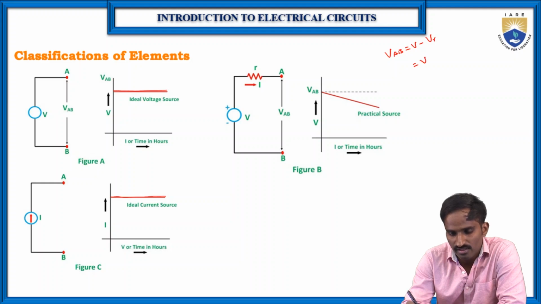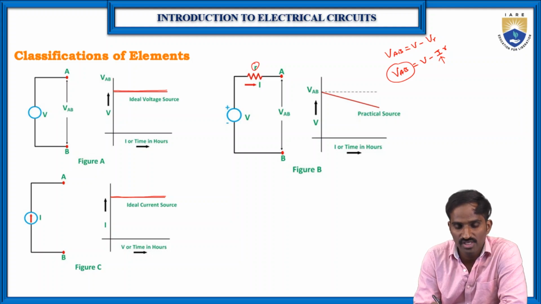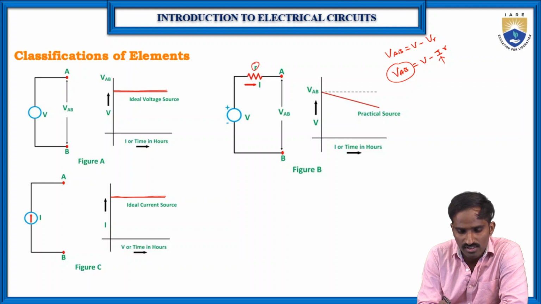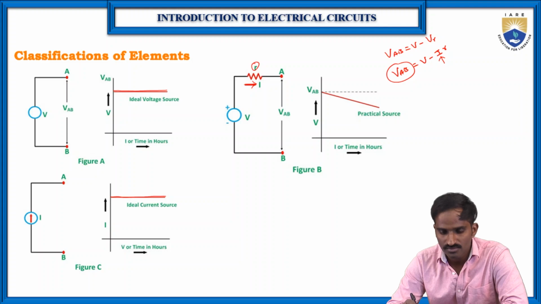The voltage across the resistor depends on the current flowing through it, so I into R. Here R is constant, so the variable is I. So the voltage across the two terminals VAB depends on the amount of current flowing through the resistor. If you increase the current value, then VAB decreases.